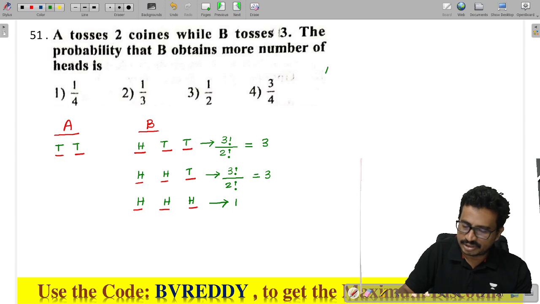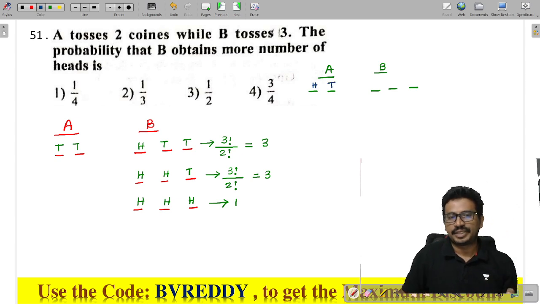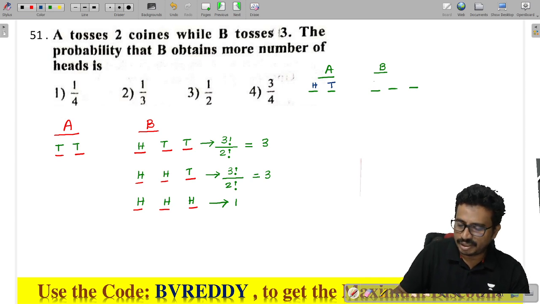Now let us see this. Let us consider if A gets 1 head and 1 tail. Then how many times does B have to get the head? He has to get a minimum of 2 heads, so 2 heads and 1 tail. How many ways can we arrange this? 3 factorial by 2 factorial.